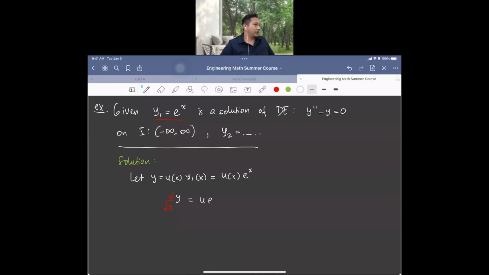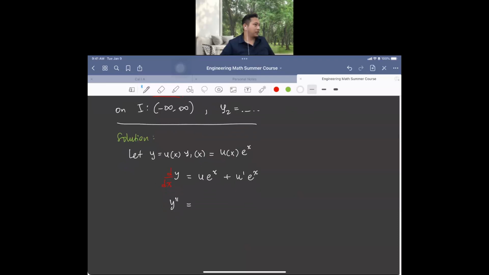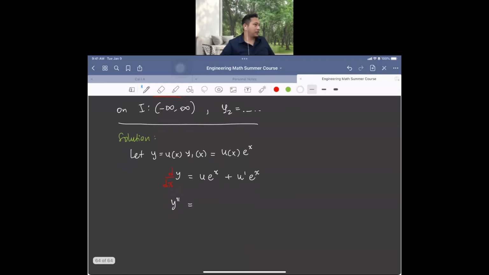So we take the derivative and use the product rule. We will have u e to the x plus u prime e to the x. And from here, we take another derivative to make the second derivative.